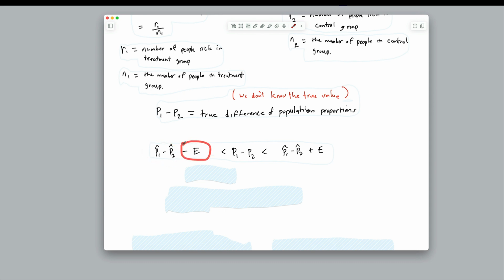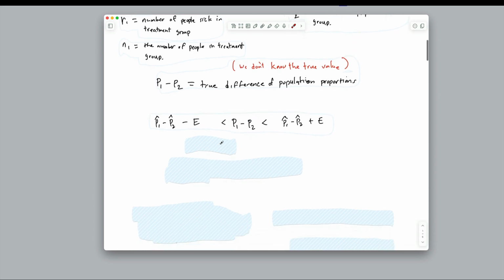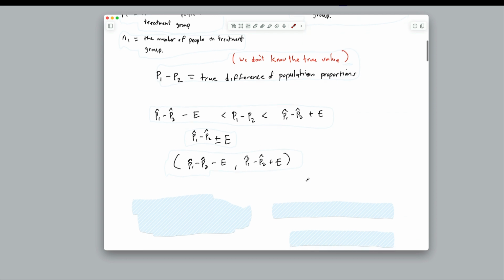We subtract off our error, and we take our point estimate and add our error. The confidence interval gives us the likely possible values that estimate P1 minus P2, which is the true value. This can be expressed alternatively as the point estimate plus or minus the margin of error, or as a confidence interval that looks like this: lower endpoint, upper endpoint.